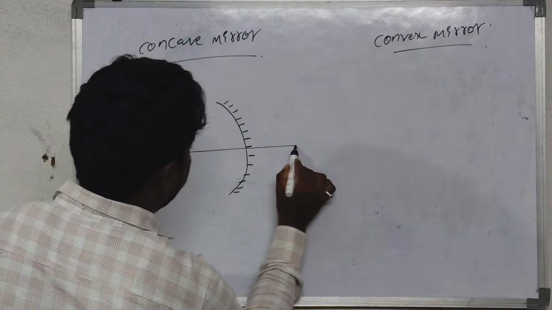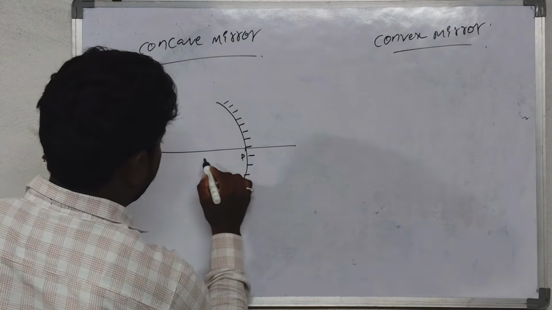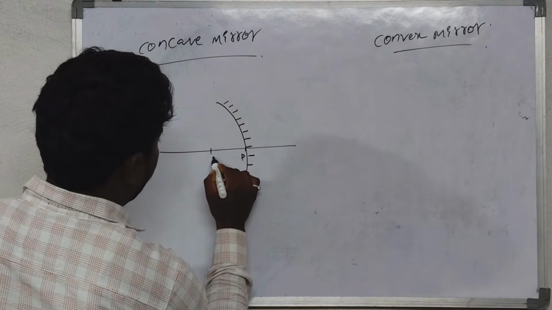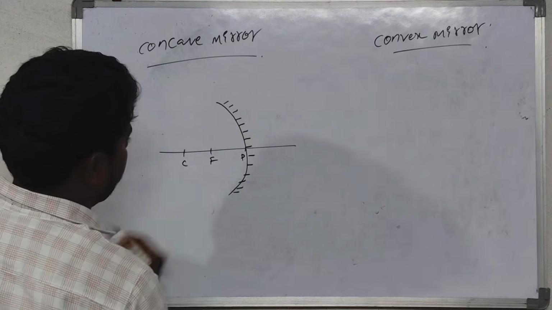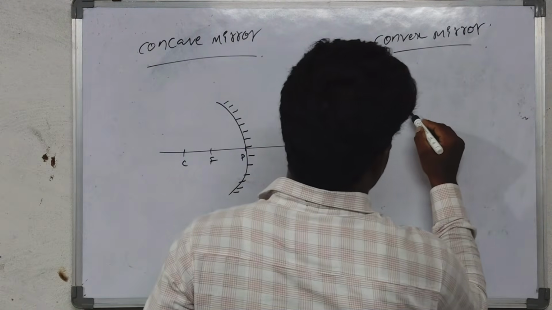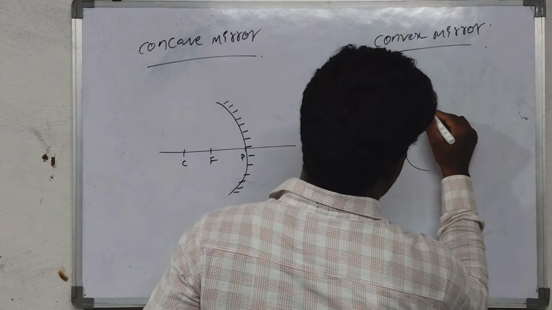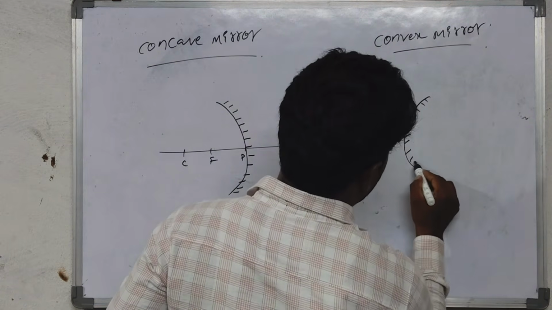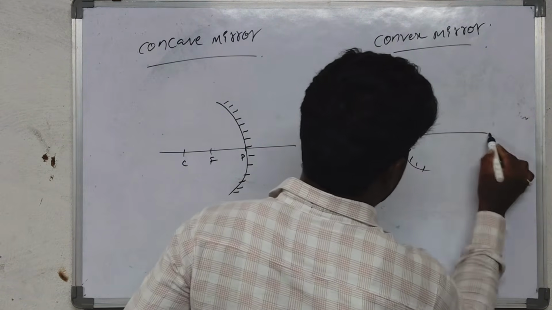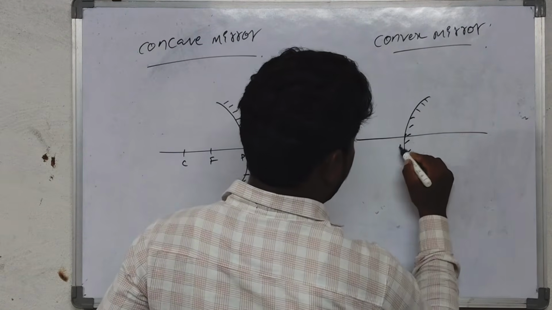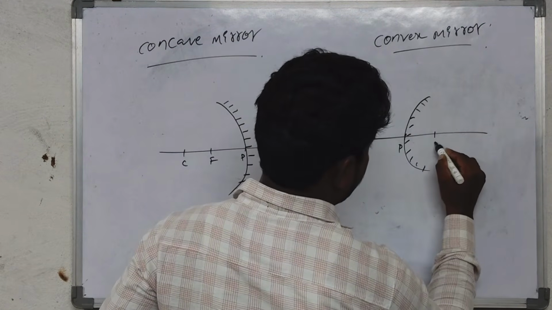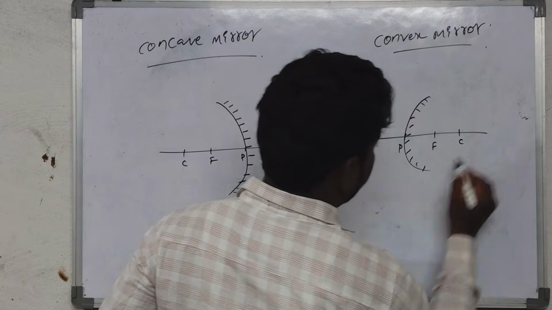So imaginary line, pole, focus, and the center of curvature. Let me draw the convex mirror. Oblique lines are taken inside of the mirror. This is the principal axis, pole, focus, and center of curvature.